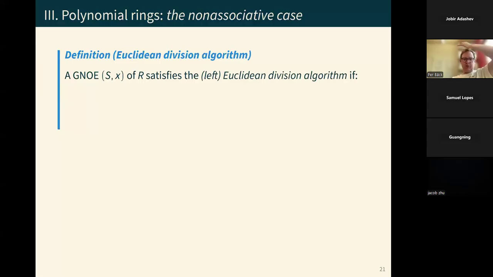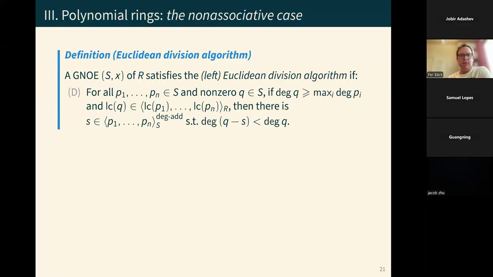Now I want to talk a bit about a Euclidean division algorithm. A GNOE here satisfies the left Euclidean division algorithm. These GNOEs were also defined as left GNOEs. This is maybe a bit technical, but I can give you a flavor of what this means.